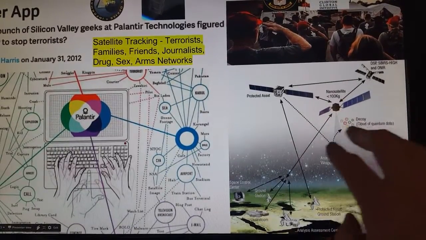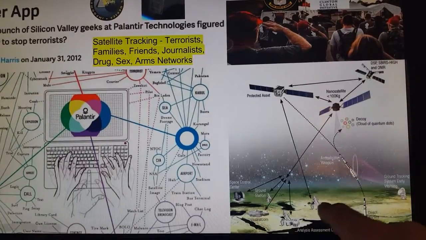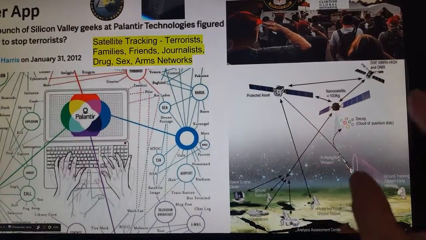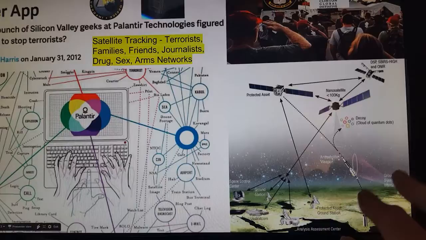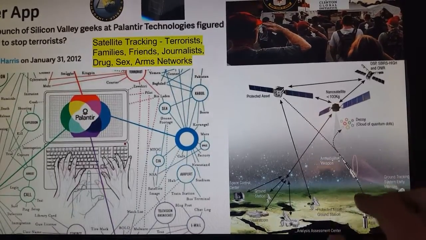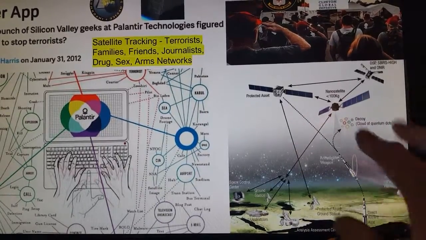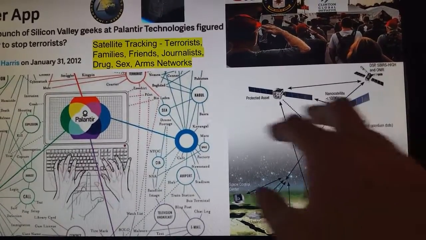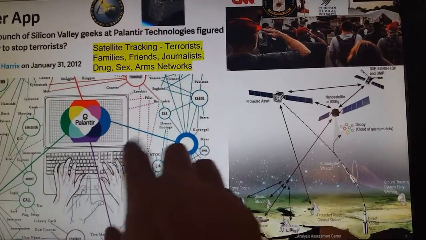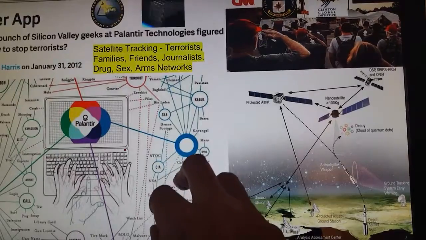And what you do is deploy these quantum dots, kind of like little sprinkles that go down and attach to the cars of enemy combatants, and to people, and to different things.